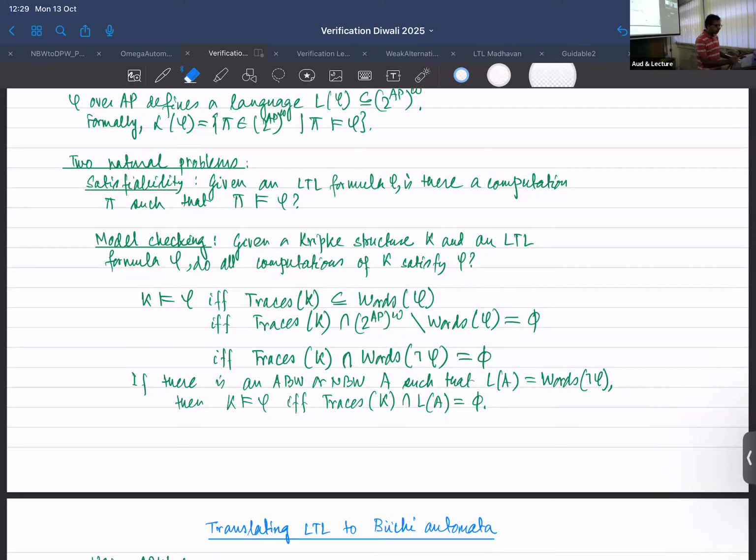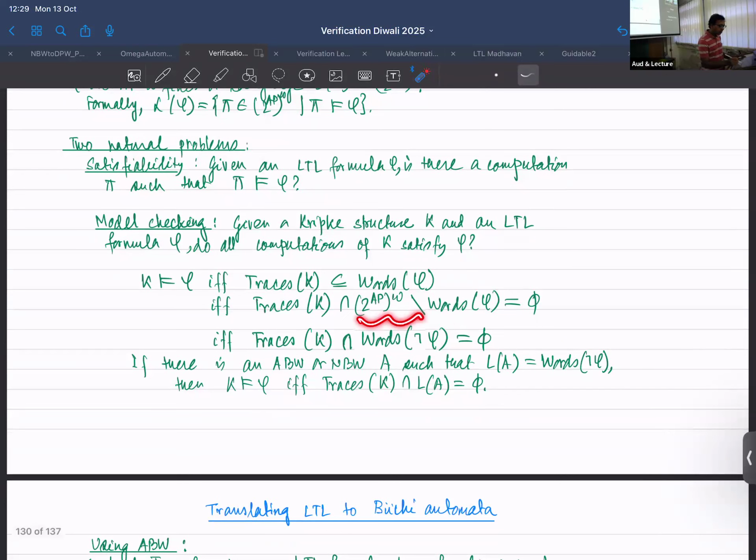This is the case if and only if the intersection of the traces of K with the complement language, the complement of the words of phi, is empty.